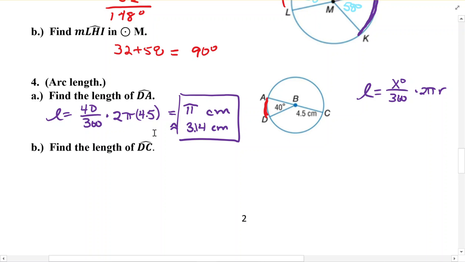The next thing I want to find is the length of DC, which is this length right here. So to do the length, since this was 40 degrees, 180 minus 40 gives me that this central angle here is 140 degrees.